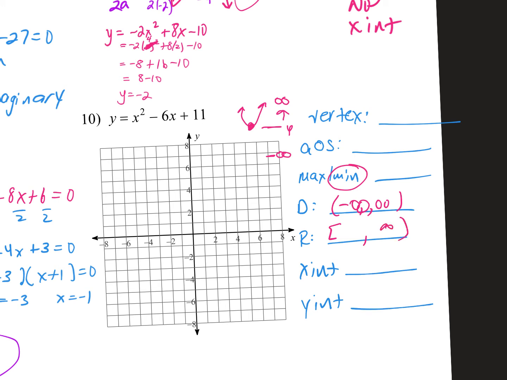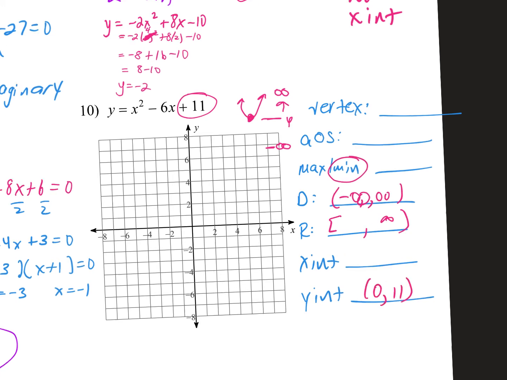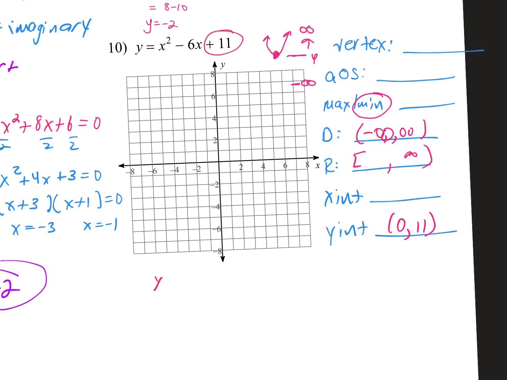And then what is my y-intercept? Where does this graph cross the y-axis? At 0, 11. All right, so now let's find our vertex. X equals negative b over 2a. We use that formula to find the x part of the vertex.